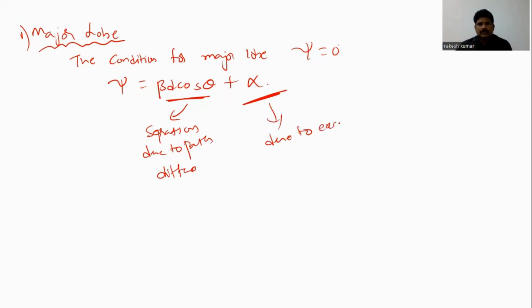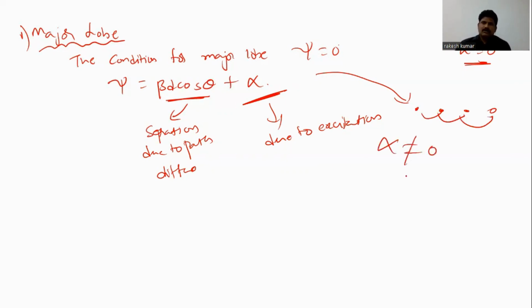Whereas in a broadside array, all the elements are fed with the same phase, so alpha is equal to 0. But in an Endfire array, all the elements are fed with different phases, so a progressive phase shift is given. So in an Endfire array, the value of alpha is not equal to 0.